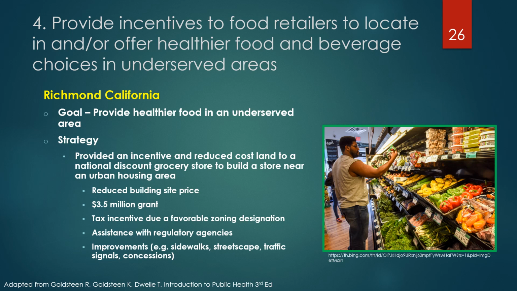The city of Richmond, California, attracted a national discount grocery enterprise to build a store near an urban housing project by offering an attractive incentive package that included a reduced building site price, a federal urban development action grant of $3.5 million, a tax incentive due to a favorable zoning designation, negotiation assistance with regulatory agencies, improvements to sidewalks, streetscape, traffic signals, and concessions in the store area.